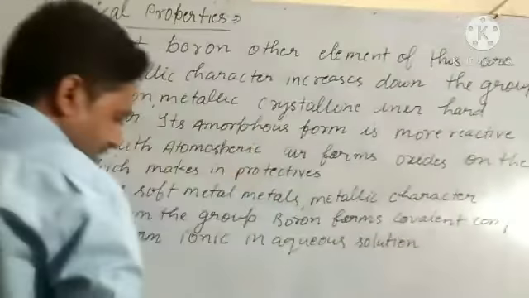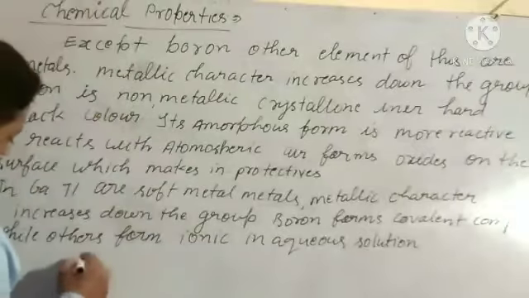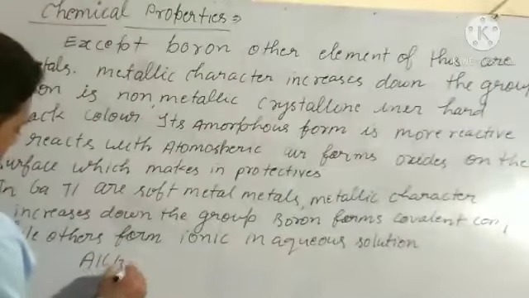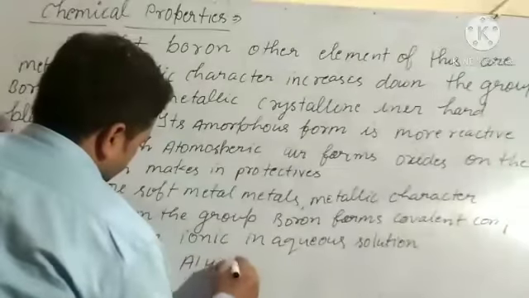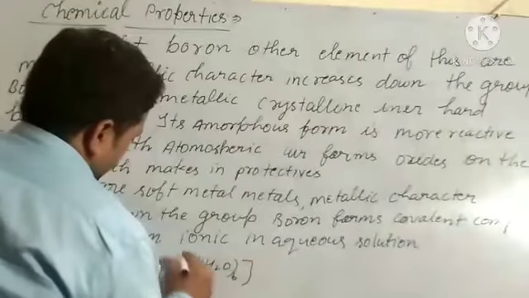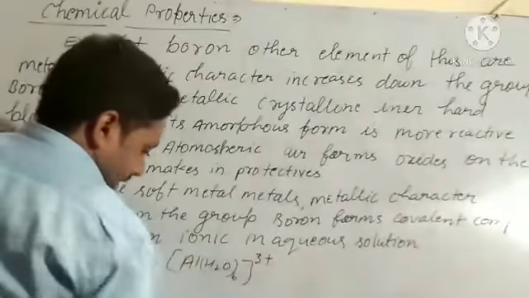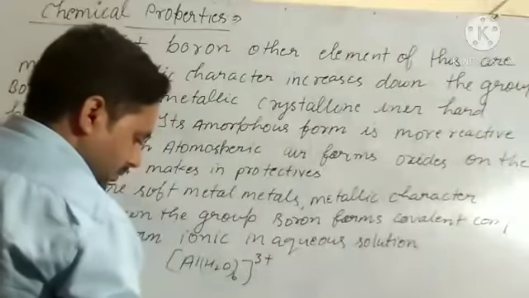Like this, AlCl3, when it reacts, forms [Al(H2O)6]3+. So it is an ionic compound.